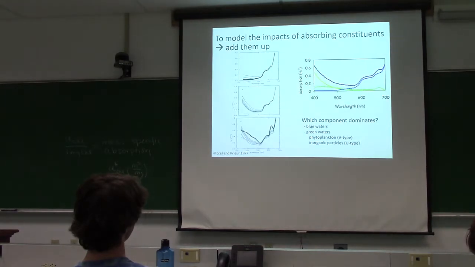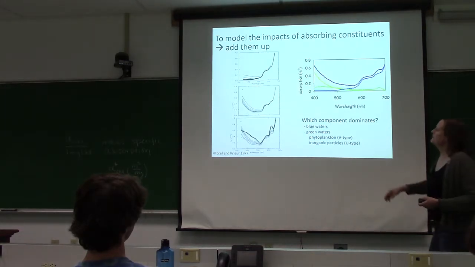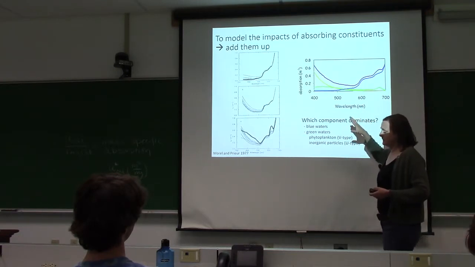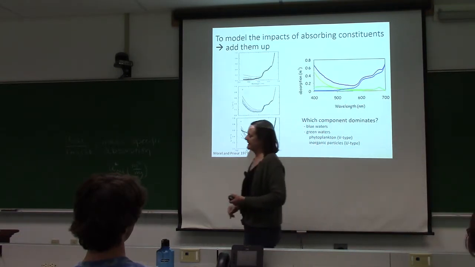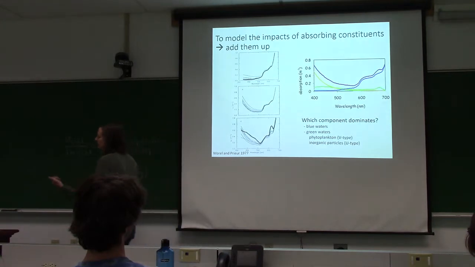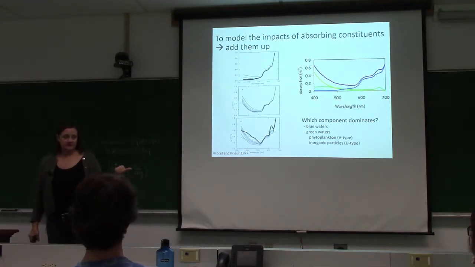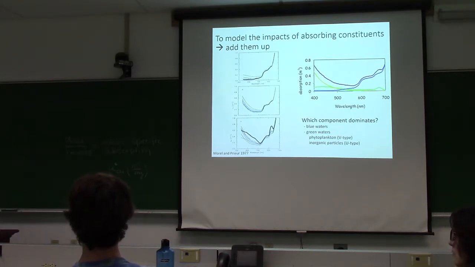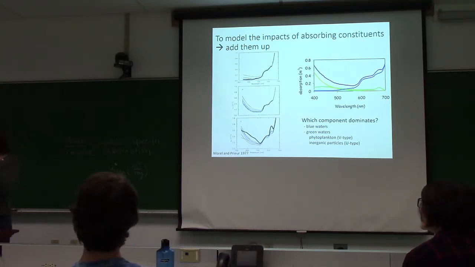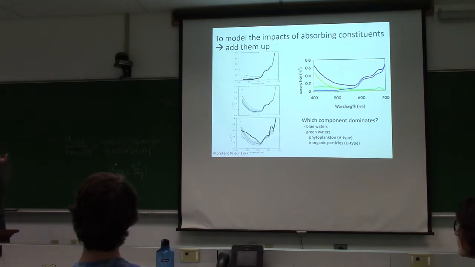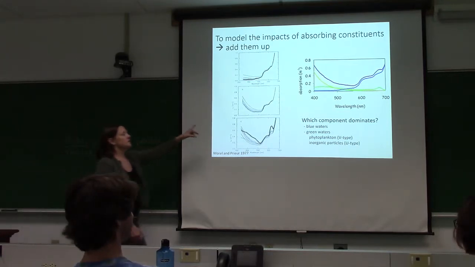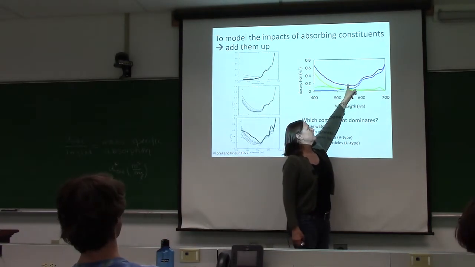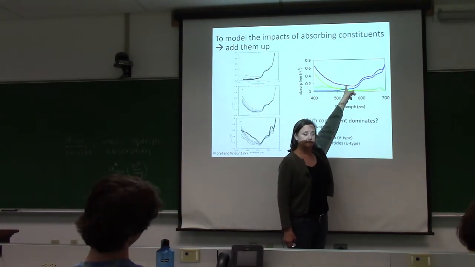To model the impacts of all these different things, the thing about absorption is that it's additive. If I could measure all my phytoplankton absorption, and I could measure all the non-algal particles, and I could measure the CDOM for my sample, which you will do tomorrow and the next day, you can then add the components together and, once you add water in, retrieve the total absorption spectrum.